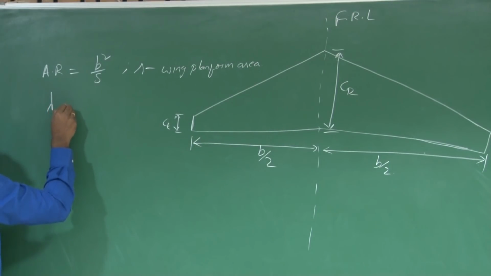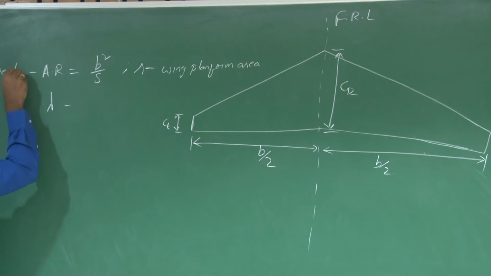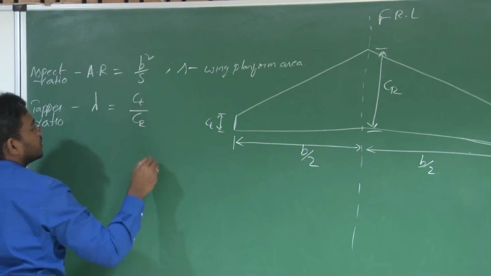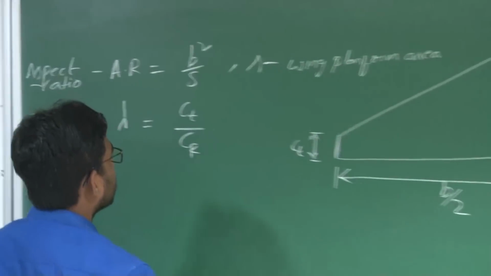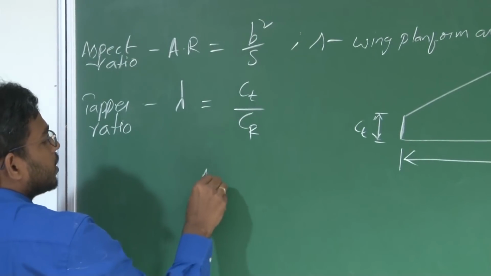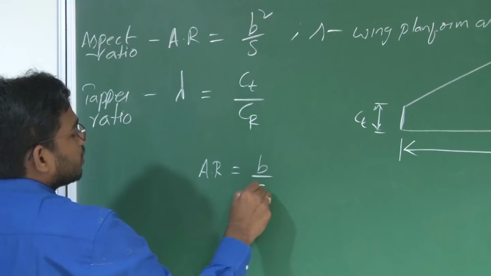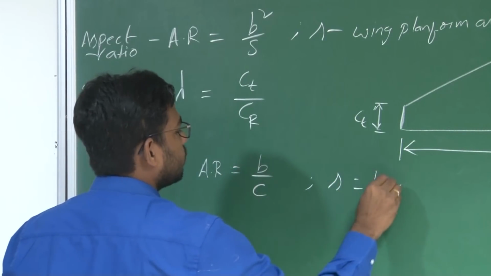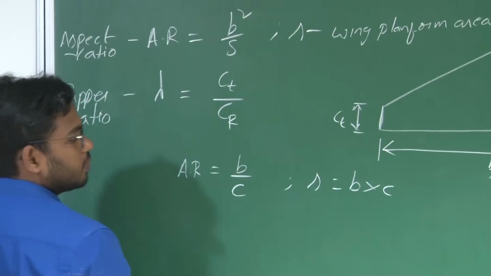And lambda is the taper ratio. Lambda is equal to Ct by Cr, where Cr is the root chord and Ct is the tip chord. We also witnessed that for a rectangular wing, aspect ratio is B by C, and the planform area will be B into C bar.